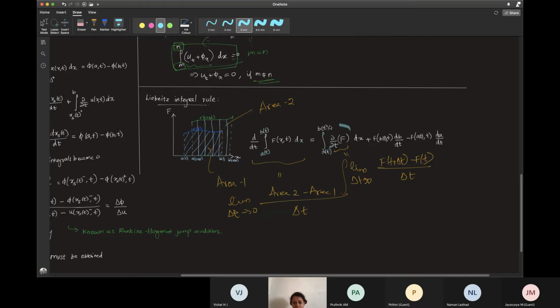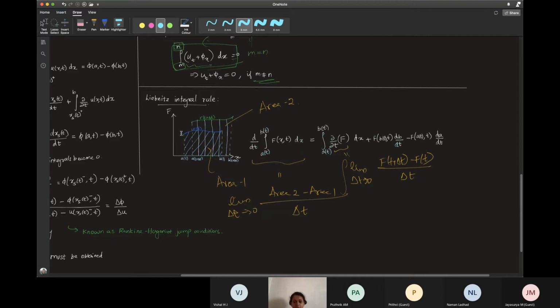This region is this one. And then f of b comma t, which is this point, times db by dt, is basically this region. So we are adding this region in here. And in this expression, f of a comma t is this point.